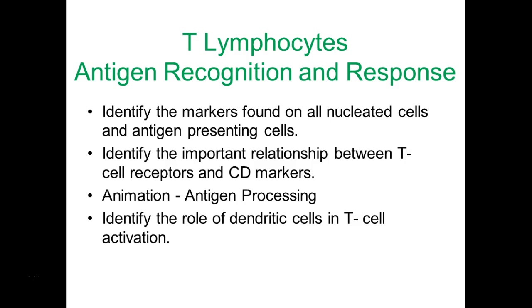All nucleated cells in your body have MHC class 1, because any one of them could get infected, say, by a virus, right? Or a bacteria. They have to have the ability to present this information. And unfortunately for them, if they're presenting the bad guy and a cytotoxic T cell recognizes it, they're going to kill them, right? But we have to have a way of detecting that. And that's what MHC class 1 helps us do.